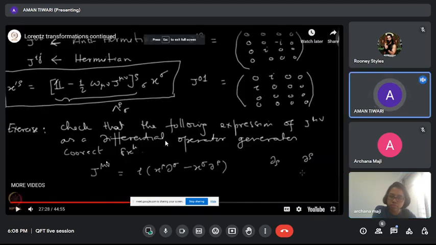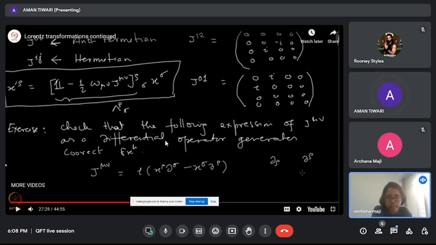Here it is like index is mu, but here there is rho and sigma. Oh, I see. That's a typo. We'll be discussing these things only today. But yeah, that is a typo. It should be mu nu on the right hand side also. So it's J mu nu equal to i x mu del nu minus x nu del mu.